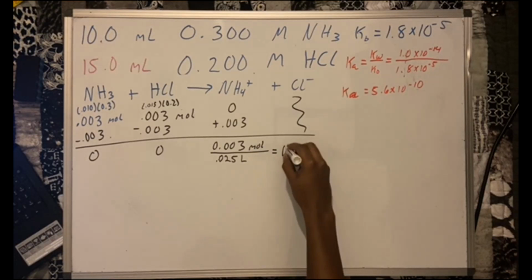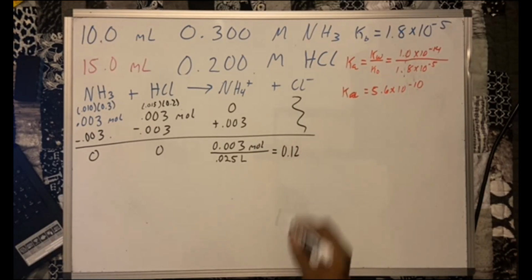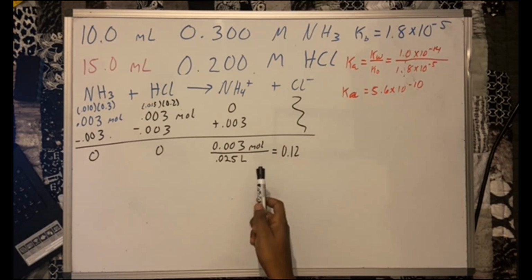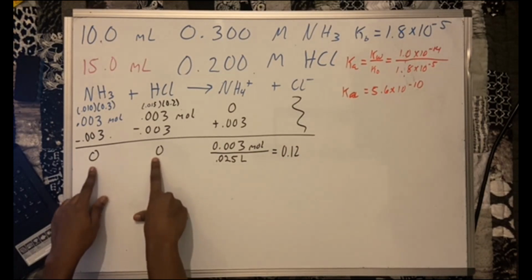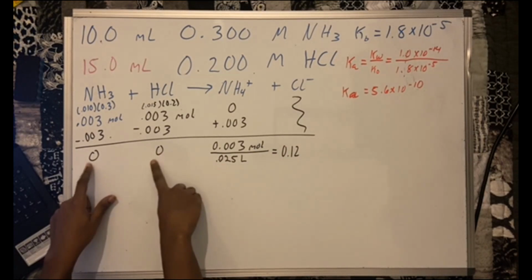So what kind of problem will we divide the moles of NH3 and HCl by the total volume? In this type of titration problem, you won't have an instance when you have both of these left, right? Because that's the only time you would divide the moles by total volume, if you had both of them left over.